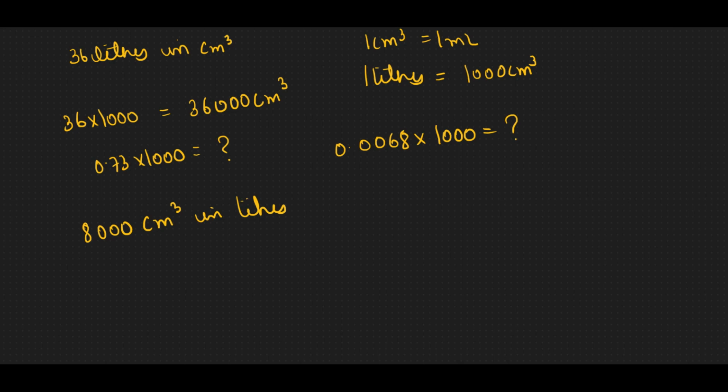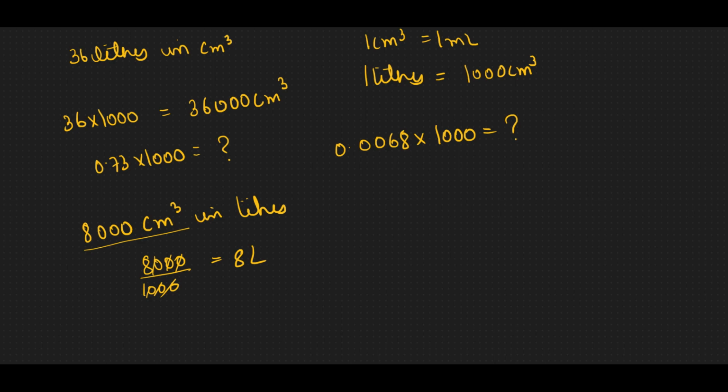We know this, 1 liter equals 1000 centimeter cube. To convert this in liters, we will divide this with 1000. So 8,000 divided by 1000, you will get 8 liters.